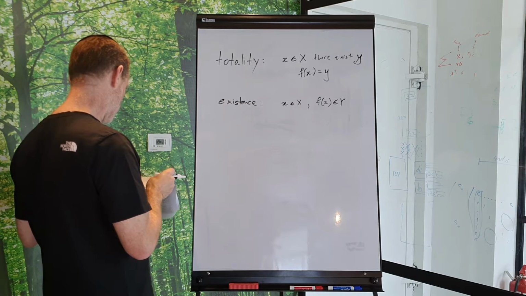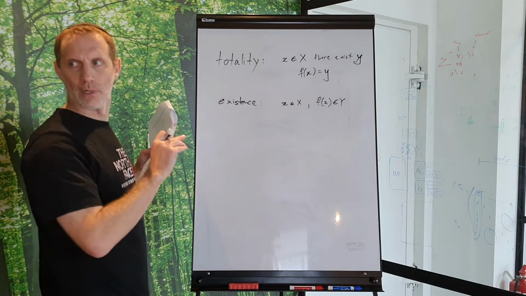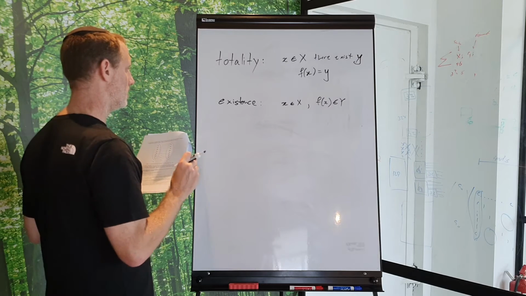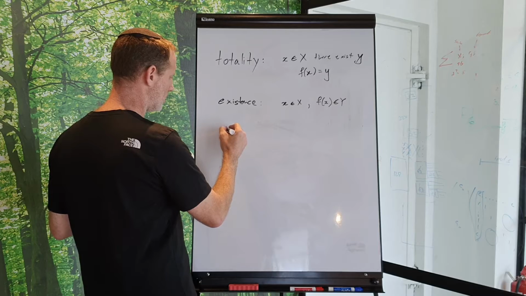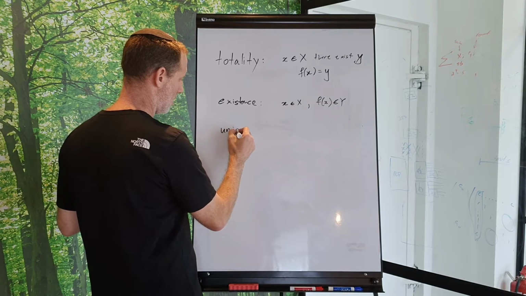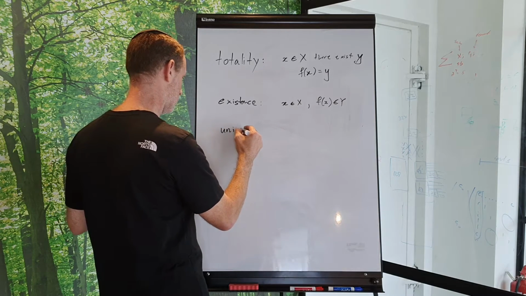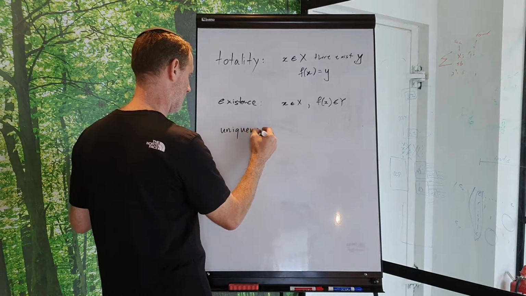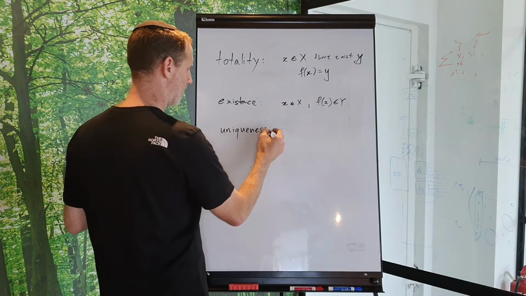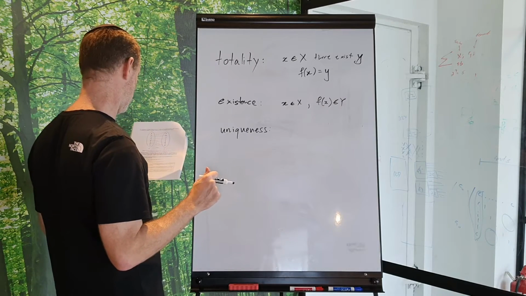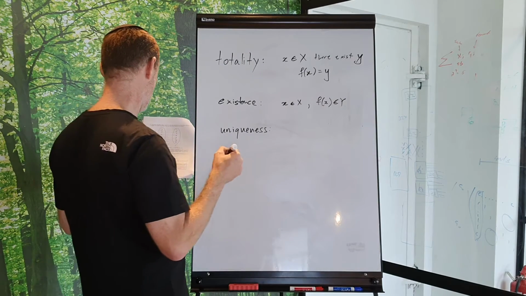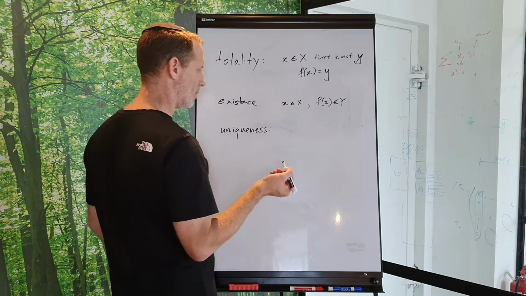One talks about the existence of x and one about the existence of y, and there's an example here that clarifies the exact differences. And then the last one, which is perhaps the most important, is uniqueness. It means that for every x there's only one y.